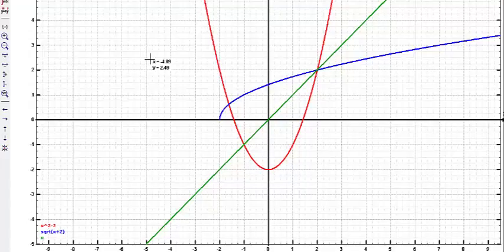So maybe that's what they're trying to fake us out. So let's check the answer here, because at x greater than 0, they are inverse functions. But for x less than 0, it looks like it doesn't have an inverse. So this is problem number 46. So let's see what it says.